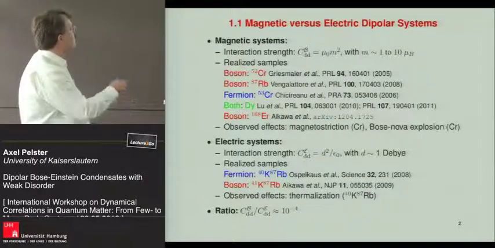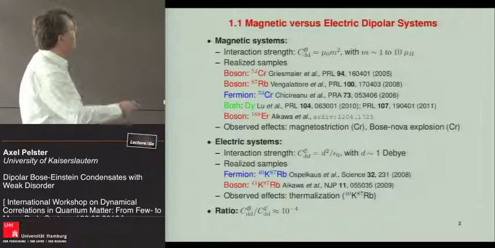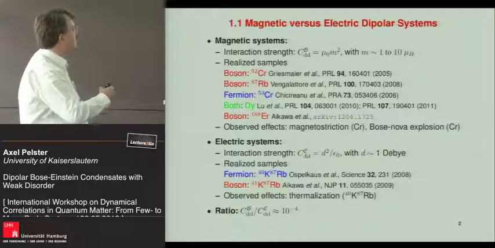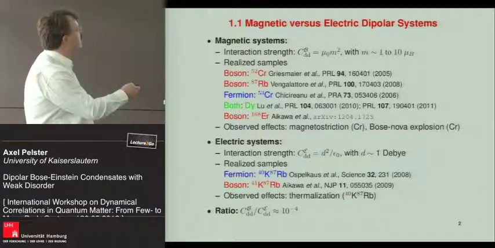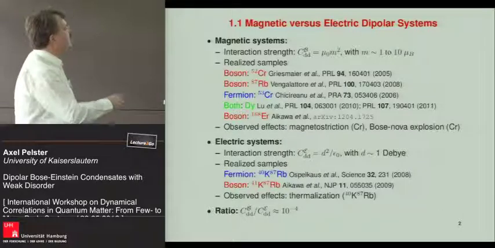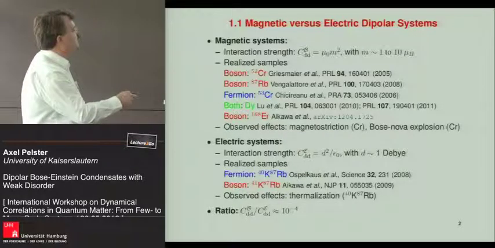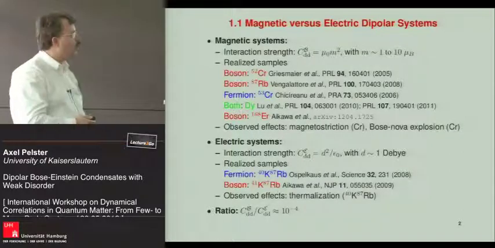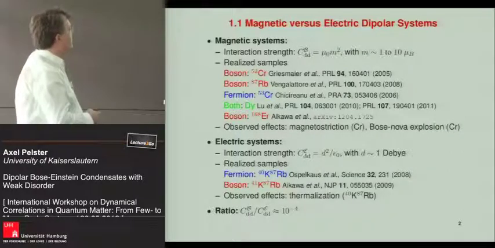There are two main origins for dipolar interaction. The first one are magnetic atomic systems, where one has a magnetic dipole-dipole interaction, which is given by the square of the magnetic dipole moment, where the dipole moment may range from 1 up to 10 Bohr magneton if one considers the different isotopes in the periodic table.